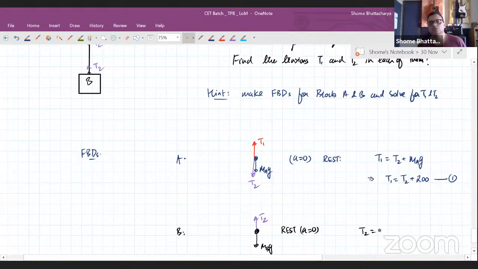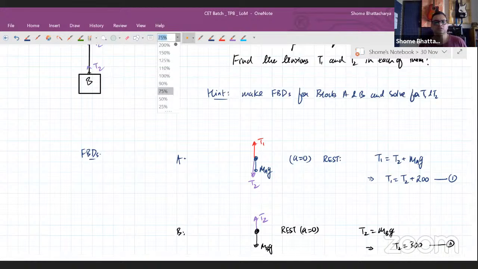So T2 should balance the weight. So T2 should become 300 newtons. That's the second equation, because that's the way the masses were given.